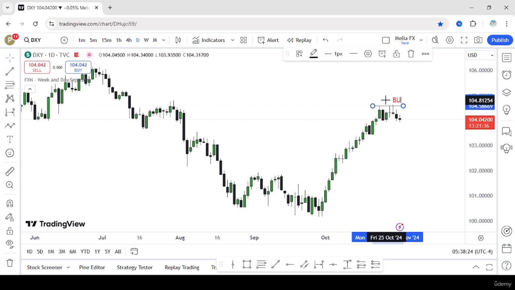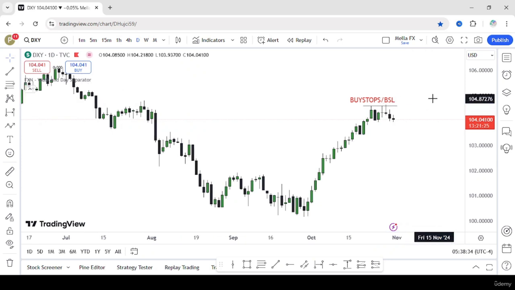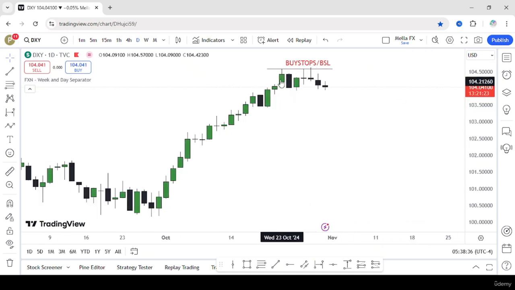These, I've said, are buy stops or buy side liquidity. You can also say buy side liquidity, BSL. So you can see that when we created this high, we had this swing high. So there is a lower low.